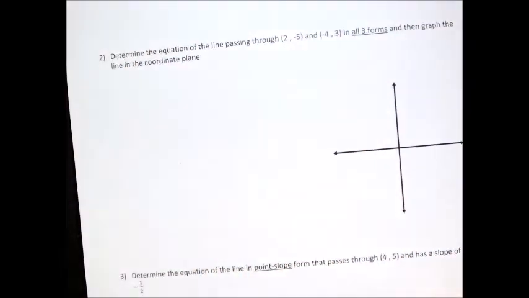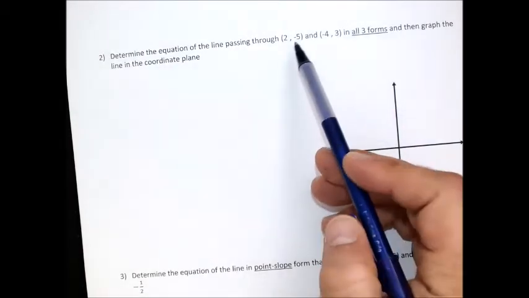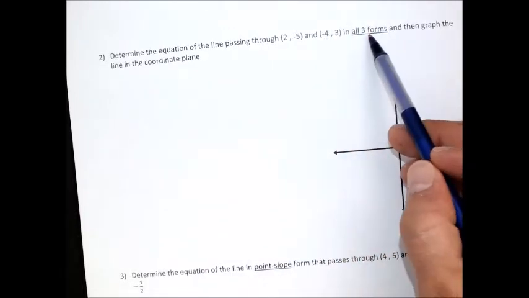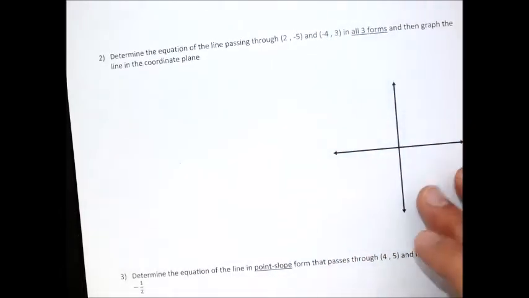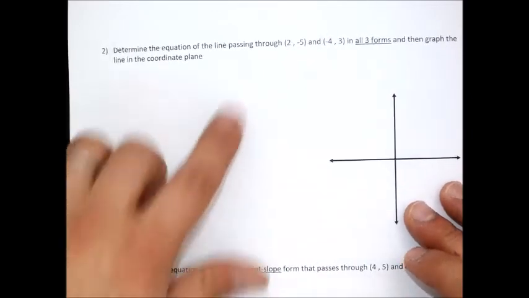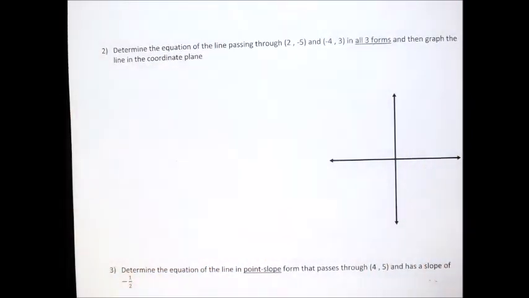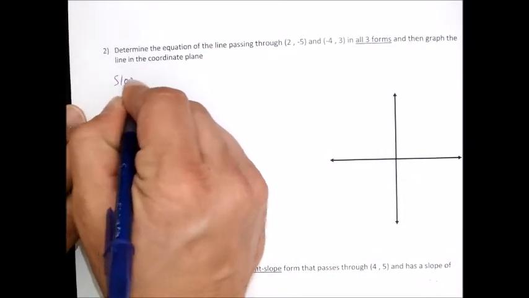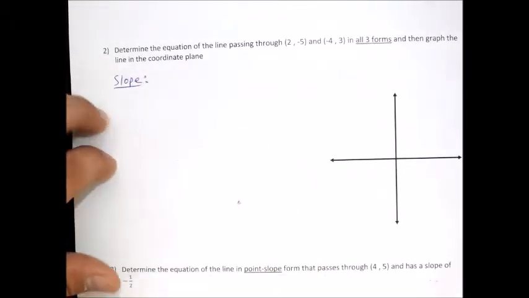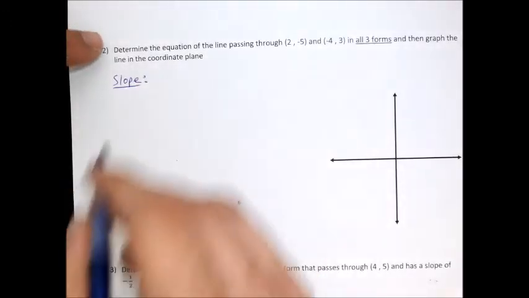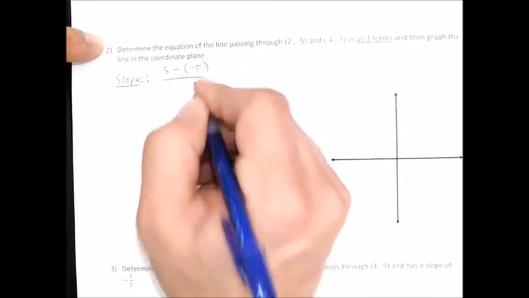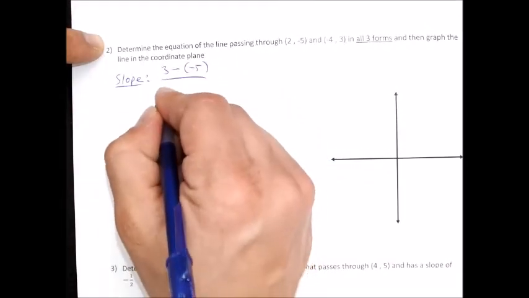Number 2 says, let's find the equation of the line that passes through these two points, (2, -5) and (-4, 3), and we'll write it in all three forms, and we'll graph it. The first thing we need is a slope. Anytime we want the equation of a line, we need a slope. So let's find the slope using the slope equation: subtract the y values and then divide that by subtracting the x values.